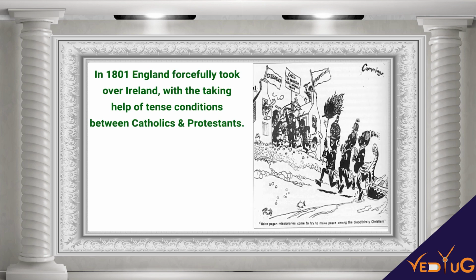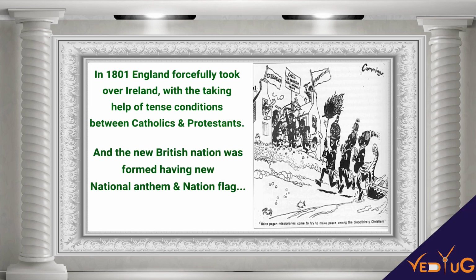With this, a new British nation was established, propagating English culture. Now, the new British flag, that is the Union Jack, the national anthem, God Save Our Noble King, and the English language were the symbols of the new Britain. France, Germany, Italy, Britain, all had emerged as nation states now.